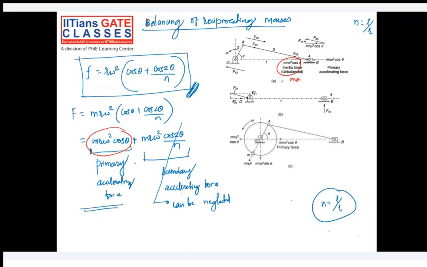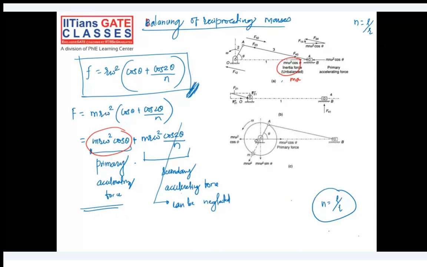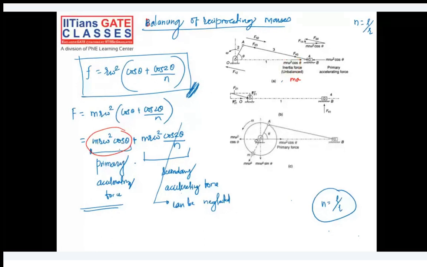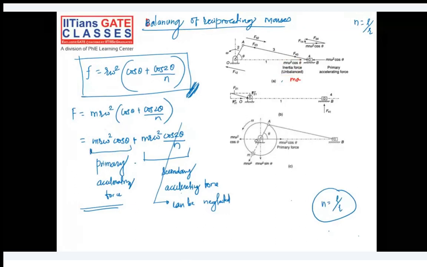the next point, look at figure B here. In figure A, what I have shown is the inertia force and the accelerating force. But in figure B, what we are trying to understand is the forces acting on the engine frame due to this inertia force. What is the meaning of engine frame?